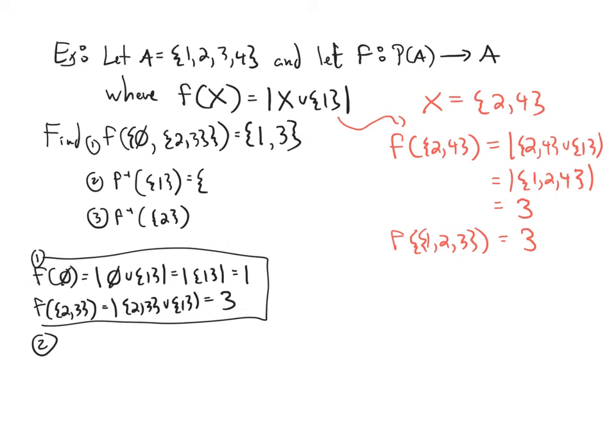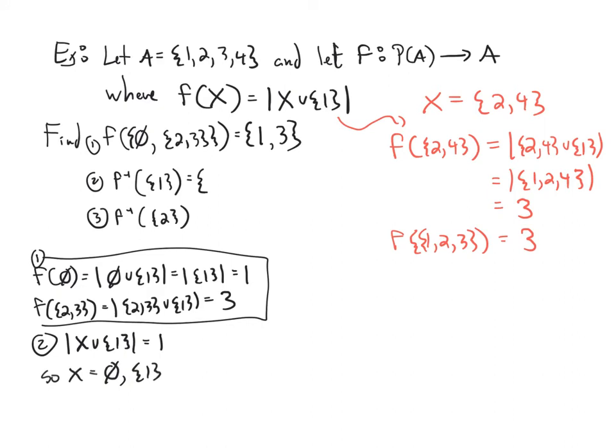Okay, now that we're back, we need the size of X union {1} to be 1 to be in this preimage. And the only elements of the power set that do this are the empty set or the set {1} itself.